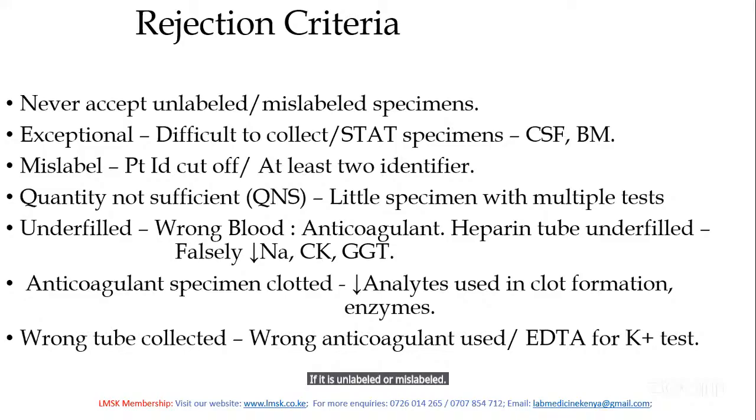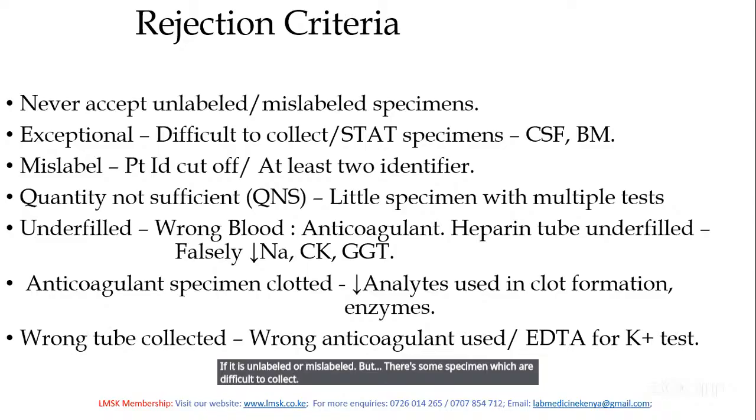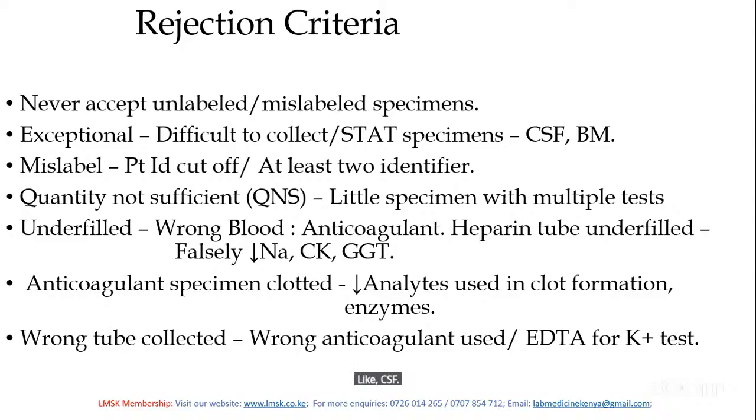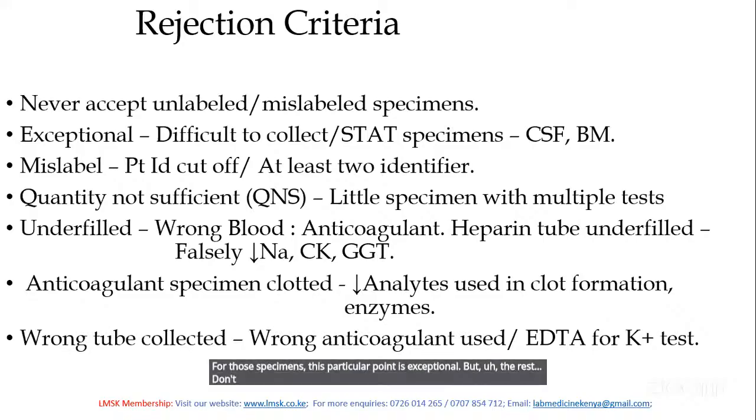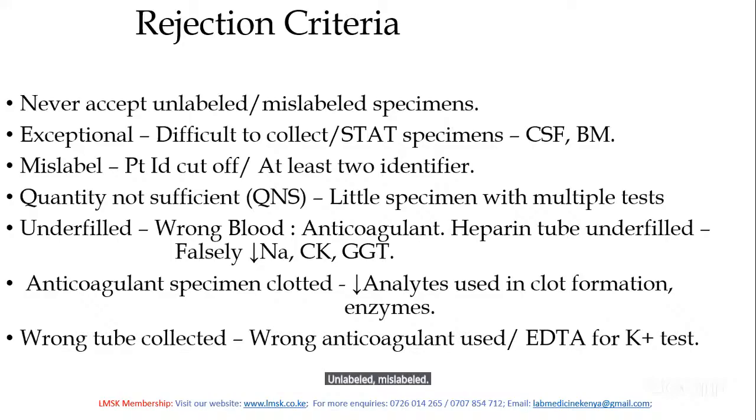But there are some specimens which are difficult to collect, like CSF, and some which require immediate processing. It's an emergency case, again, like meningitis, CSF, bone marrow. For those specimens, this particular point is exceptional, but for the rest, don't accept unlabeled or mislabeled. The reason is as follows.